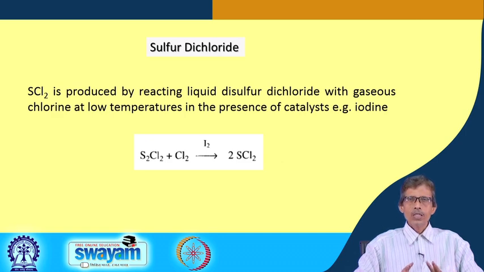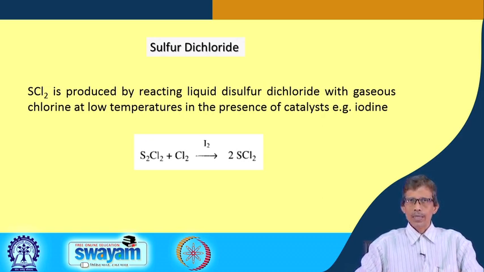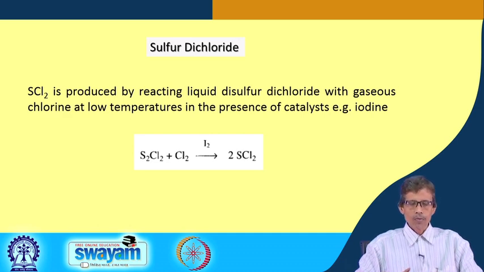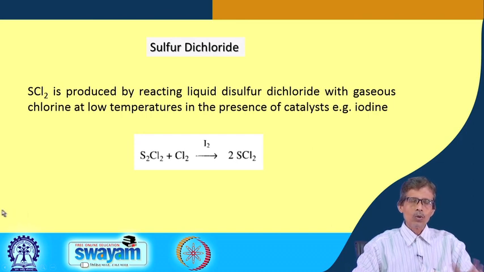What we will see afterwards, during the preparation of hydrogen sulfide, is of similar type, where sulfur is the central atom and you have two hydrogen atoms attached to that sulfur. Here the sulfur is attached to two chlorides, so you get sulfur dichloride.